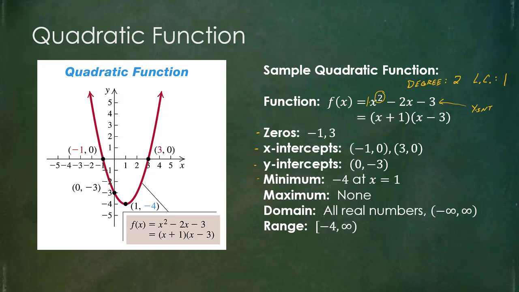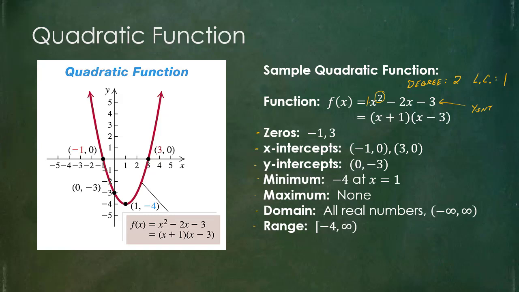And then other things, just looking at our graph, a minimum in this case would be our low point, so it would be the vertex of this particular one. The value happens to be -4 at the x value of +1. It does continue to increase without bound as shown by the arrows, so there is no actual maximum. The domain happens to be all real numbers, and then the range happens to be everything.